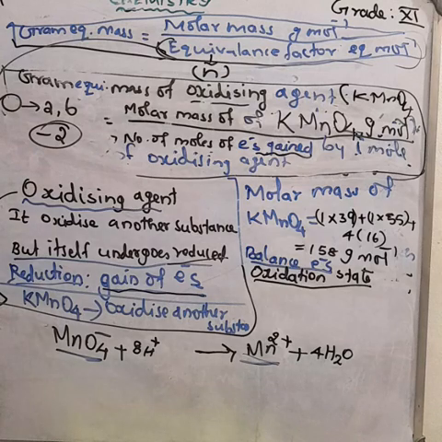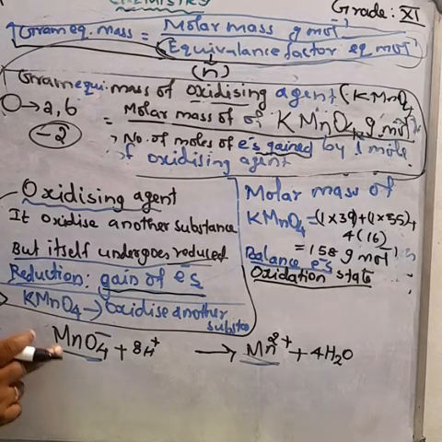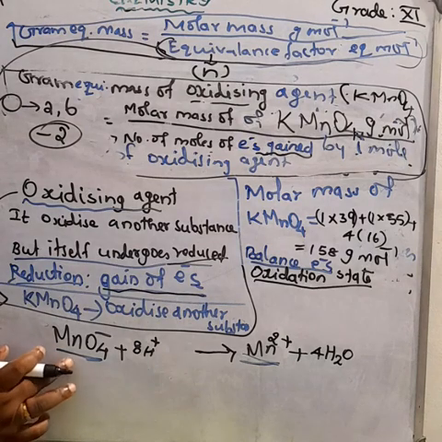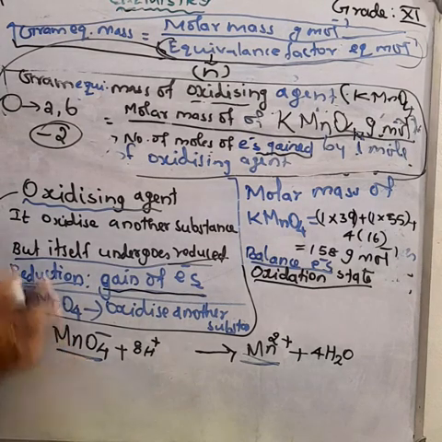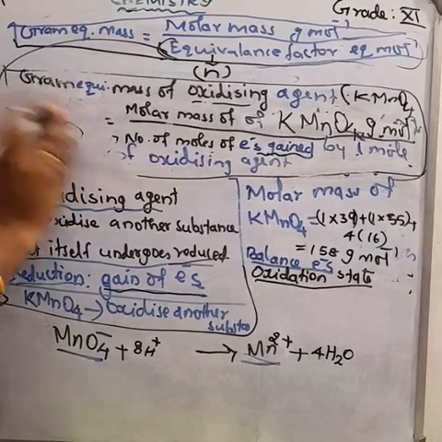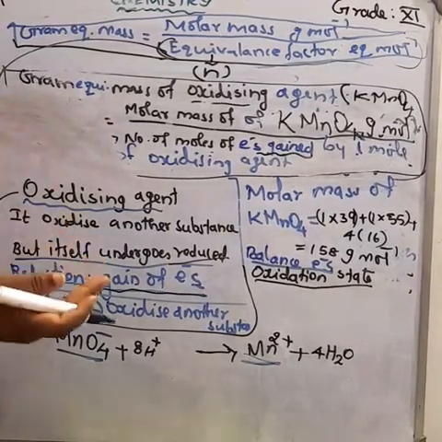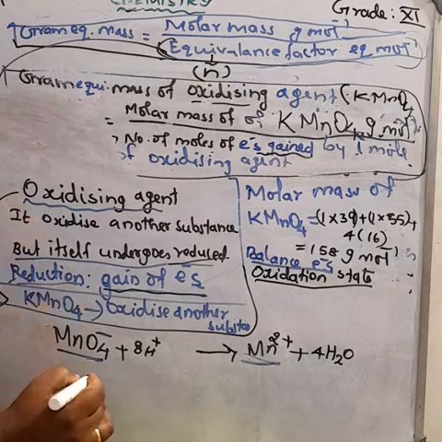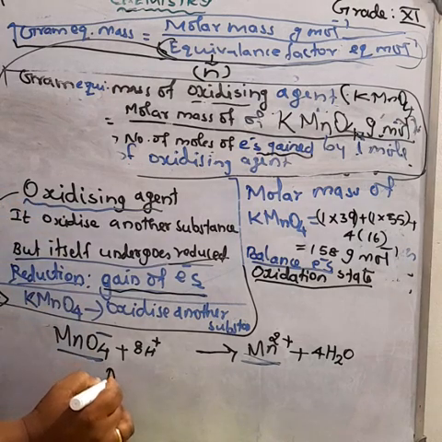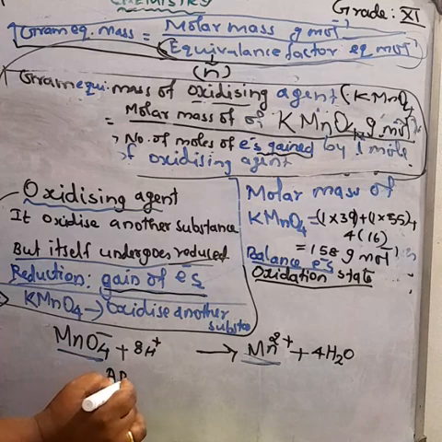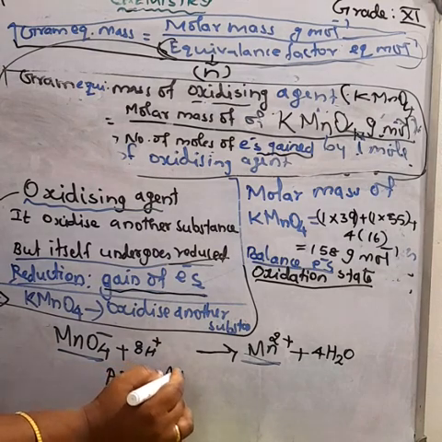Understood? Now we have to calculate the oxidation state of manganese. I am telling one of the formulas. Suppose we want to calculate the oxidation state of A in an AB molecule. The formula is A plus B is equal to 0.